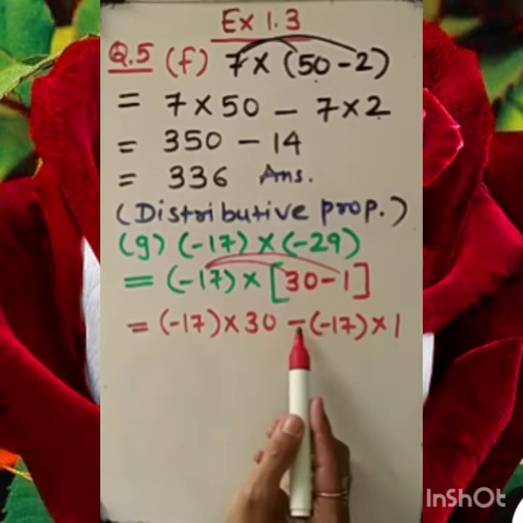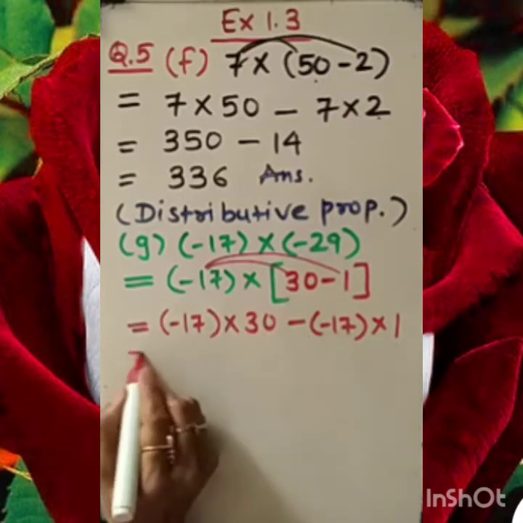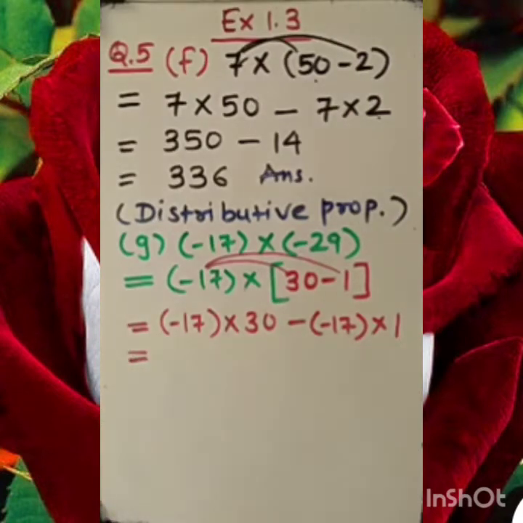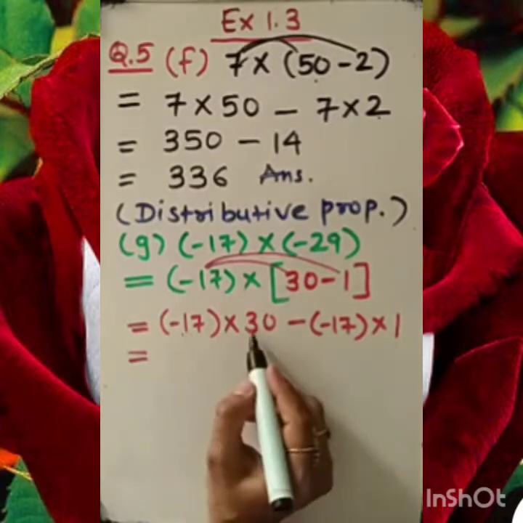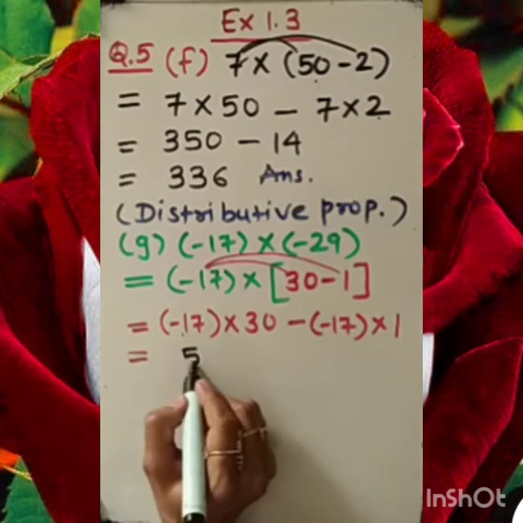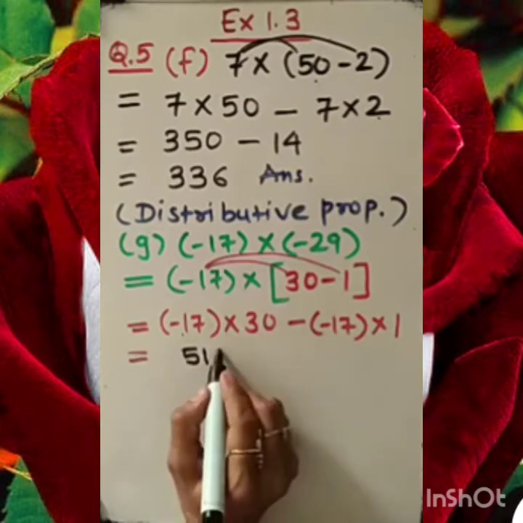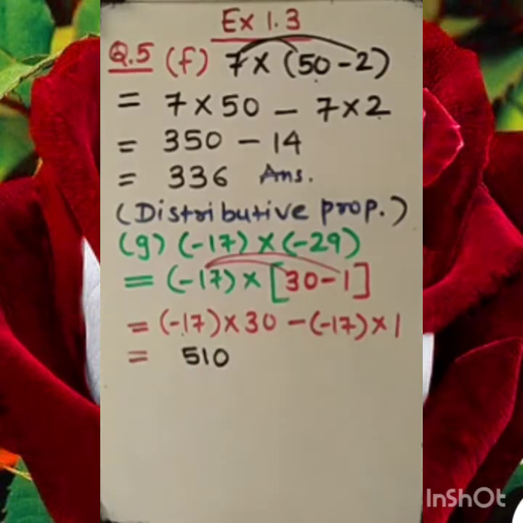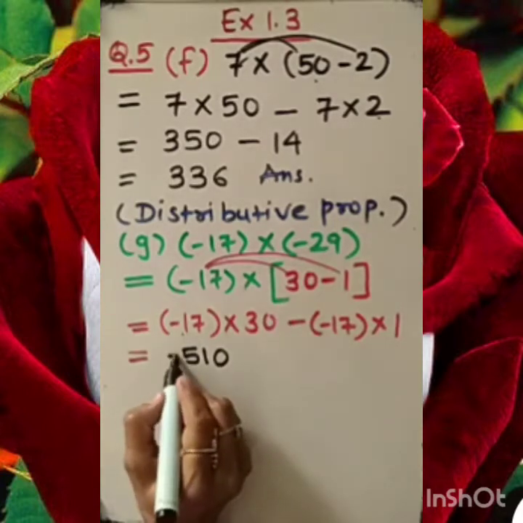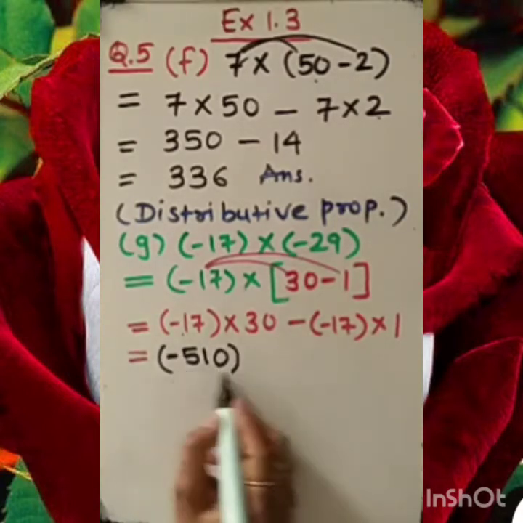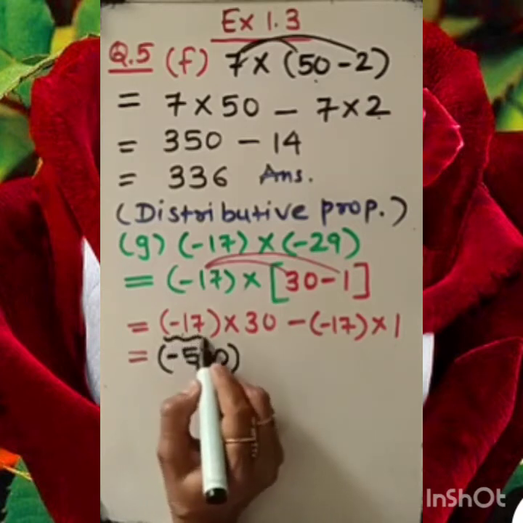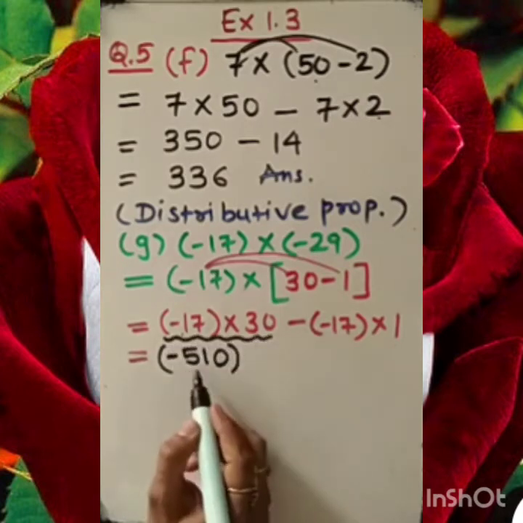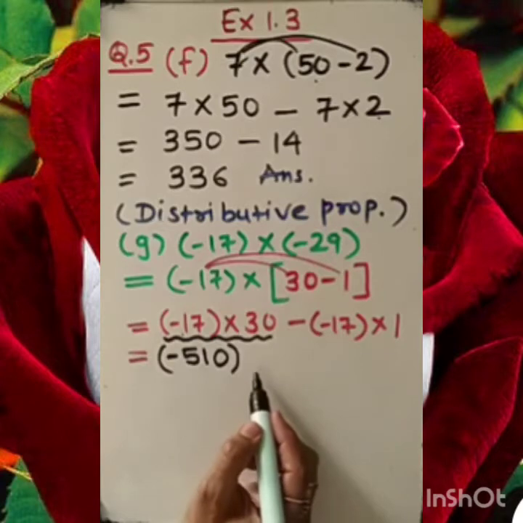Here it is already minus. Okay, so let's work out. We know the product of 17 threes: 17 threes are 51, and along with this 0, it is 510. The minus sign is also along with it, so it is minus 510. So the product of these two numbers is minus 510. What about this?